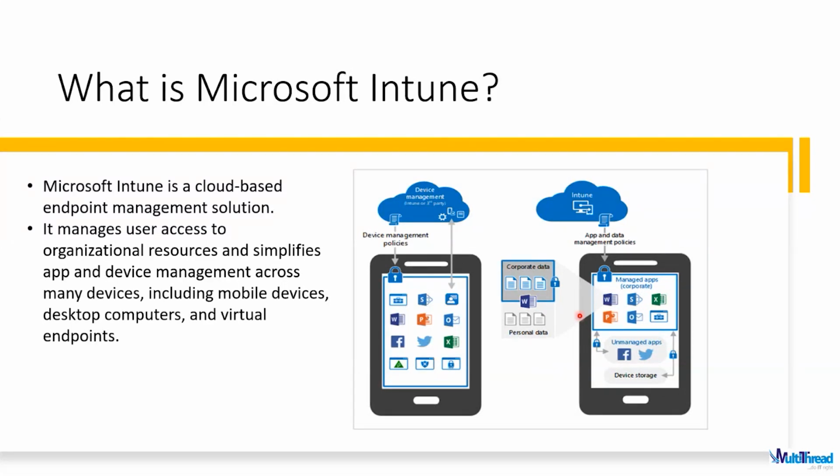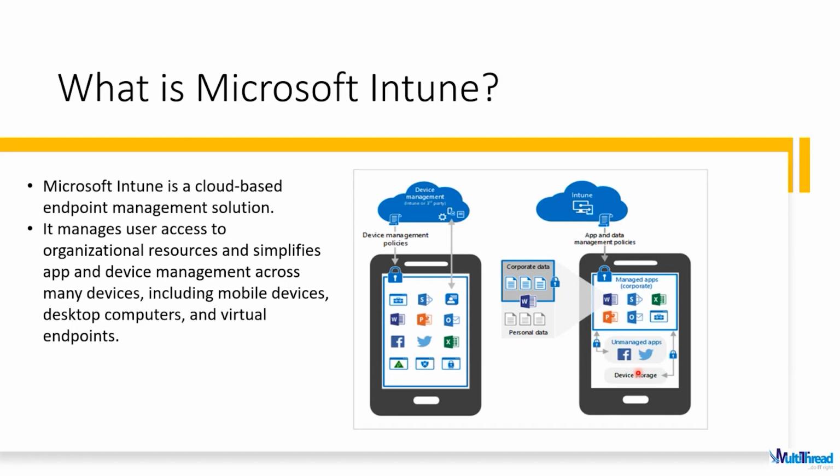If you look at the image on our right here, it highlights how Intune helps you manage corporate data separately from private applications. For example, corporate data in managed apps like Word, Excel, Outlook, and company-owned apps can be protected, while personal apps remain unaffected. This ensures that even on personal devices, sensitive company data is safe.